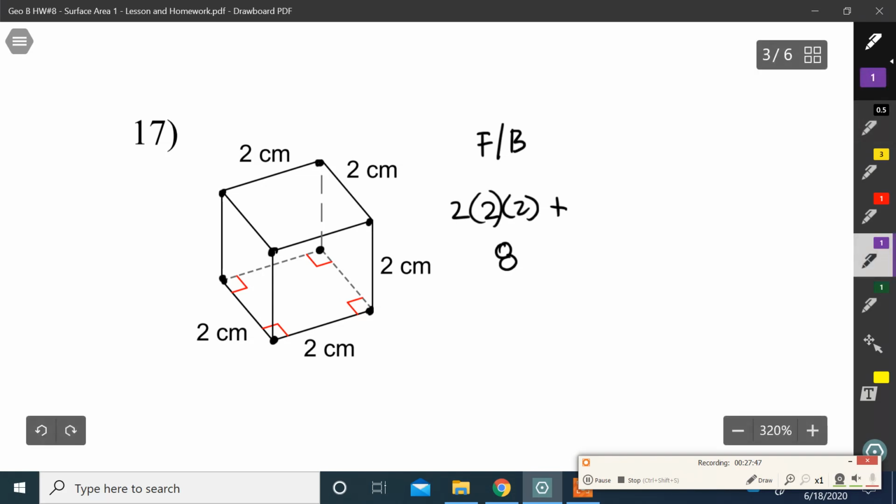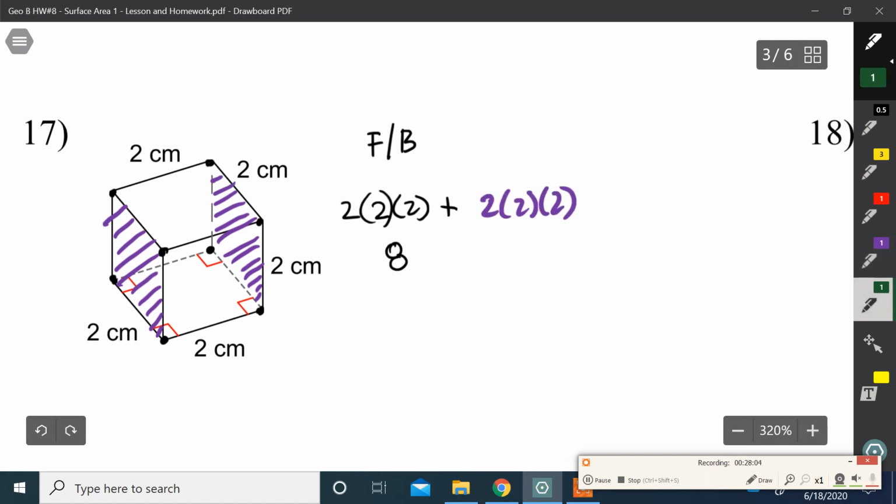Then we have the sides here. That's also 2 times 2 times 2.